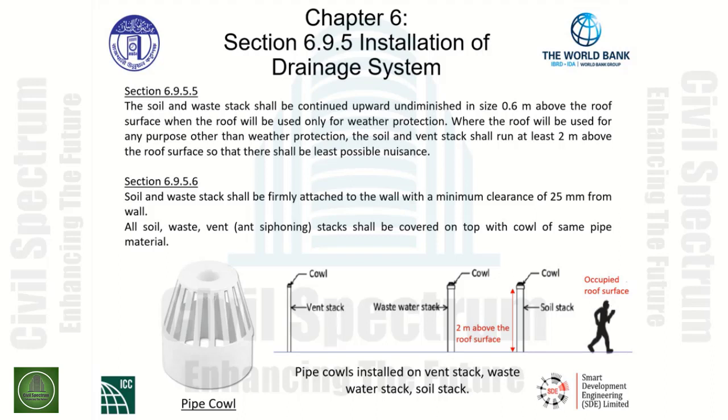And according to section 6.9.5.6, we must cover the top of the pipe with a cowl of the same pipe material. Pipe cowls are installed on a vent stack, wastewater stack, and soil stack as indicated in the graphic.